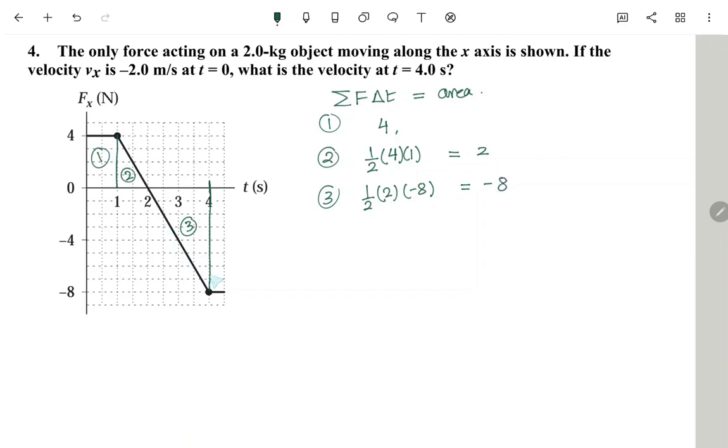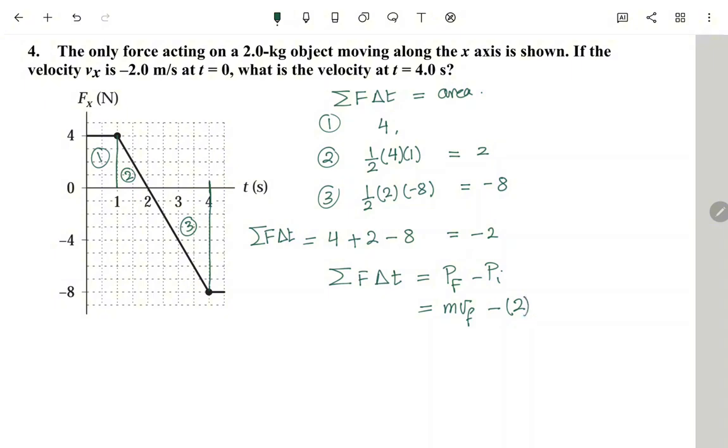Now the total area for this one here is equal to 4 plus 2 minus 8, and this whole thing is equal to sum of all forces delta T, which equals minus 2. Remember, sum of all forces delta T is equal to P final minus P initial, or equal to M V final, that's what we are looking for, minus 2 is the mass, times the velocity at t equal to 0, which is minus 2.